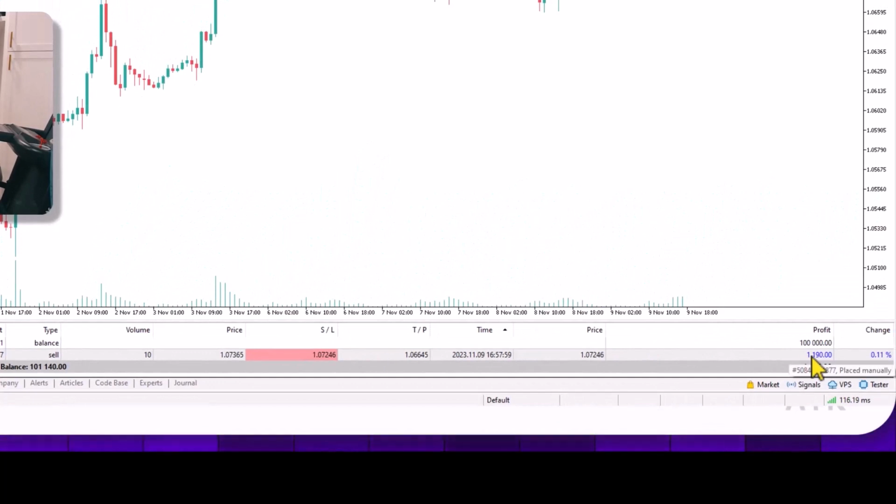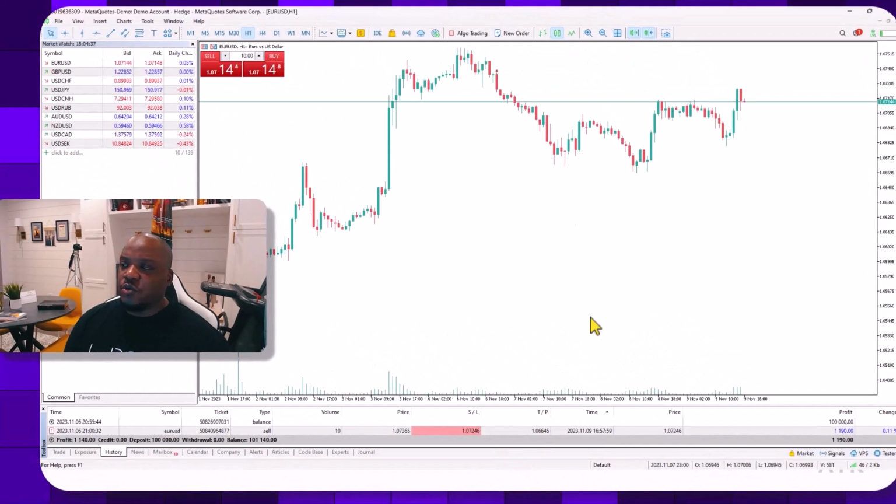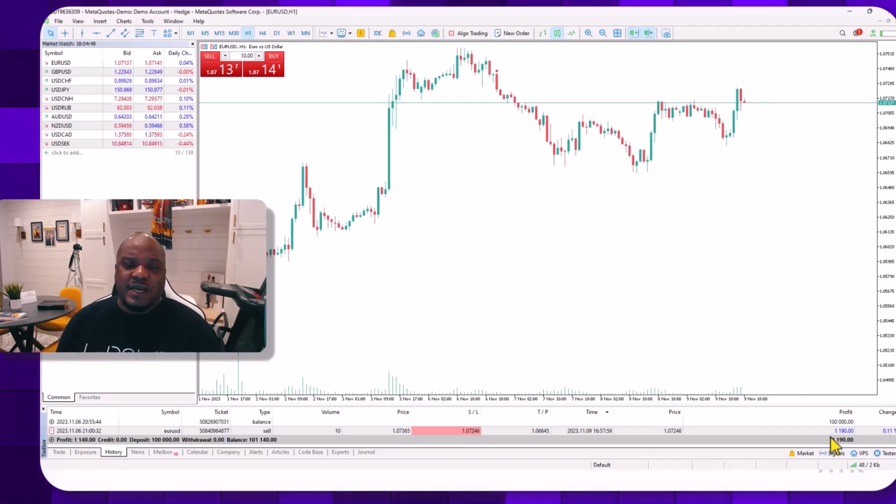Because we moved our stop loss within profit, we profited $1,190 on that one trade. We could have made $7,000 on the trade if we would have exited here, but because it retraced and hit our stop loss, we got $1,190. A win's a win. We made money, and technically we know what happened.